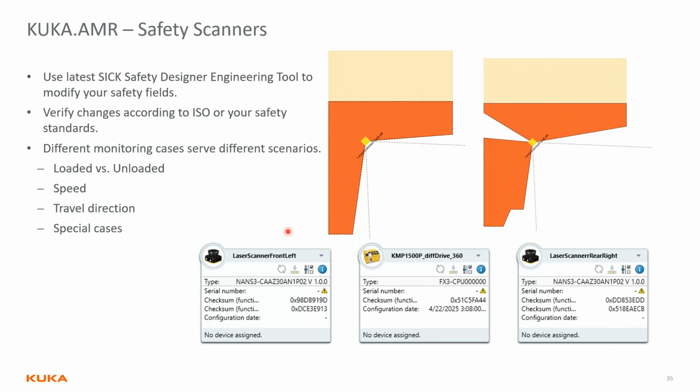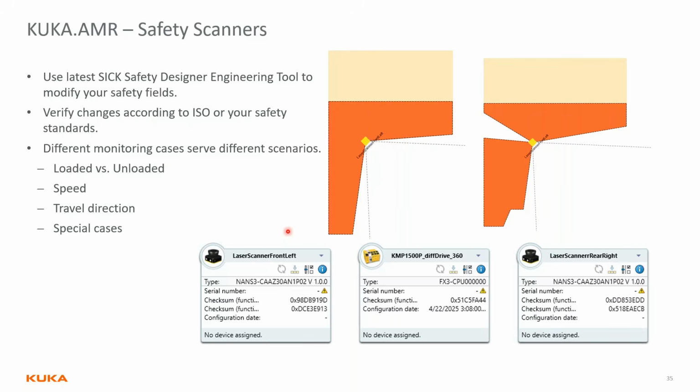You should always do your own risk assessment and make sure that these fields are truly safe for your application. You want to make sure that you cover the rack and the AMR. If you have a top module that's extending over the AMR size, you want to make sure that you cover that.